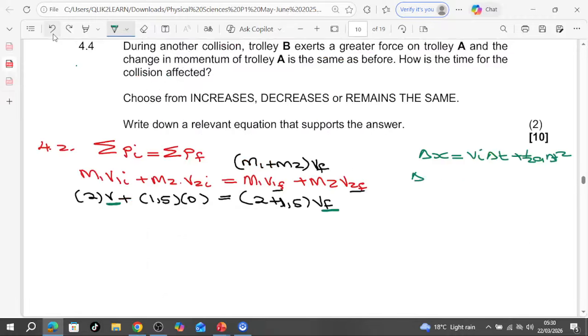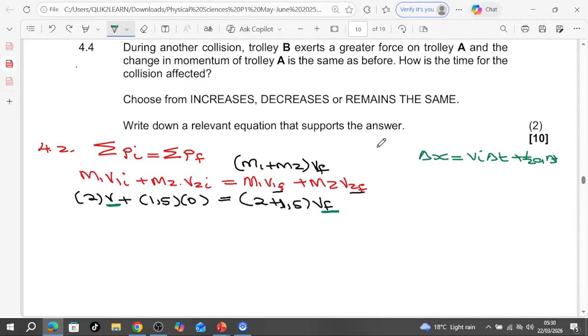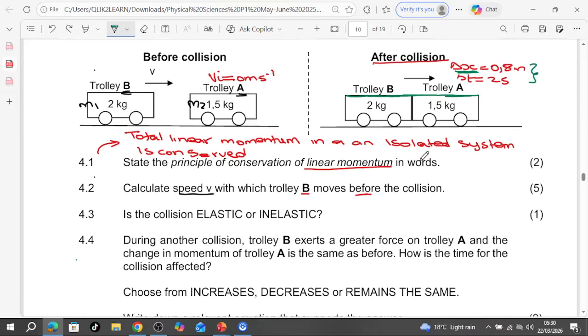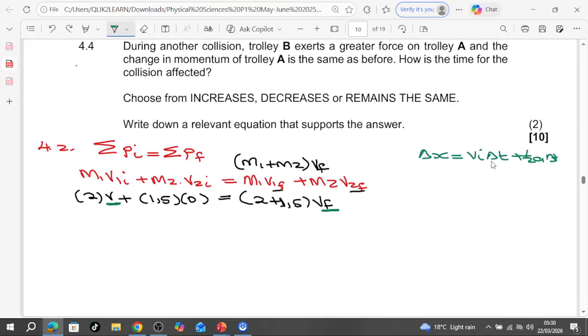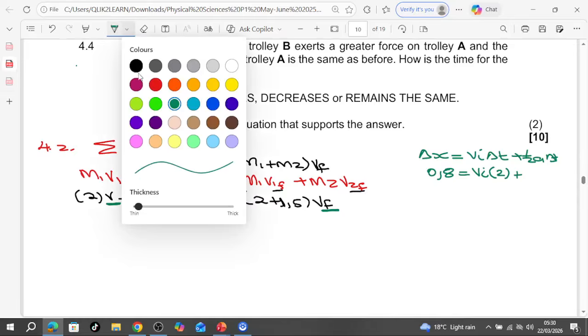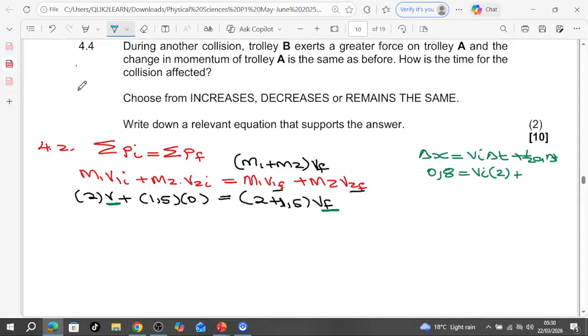When we substitute, we're going to say delta x, the distance traveled after collision, is 0.8. So I'm just going to substitute this as 0.8, equate this to v initial, and they said this will be done in 2 seconds. So this will be 2 plus, now please pay attention on this one.